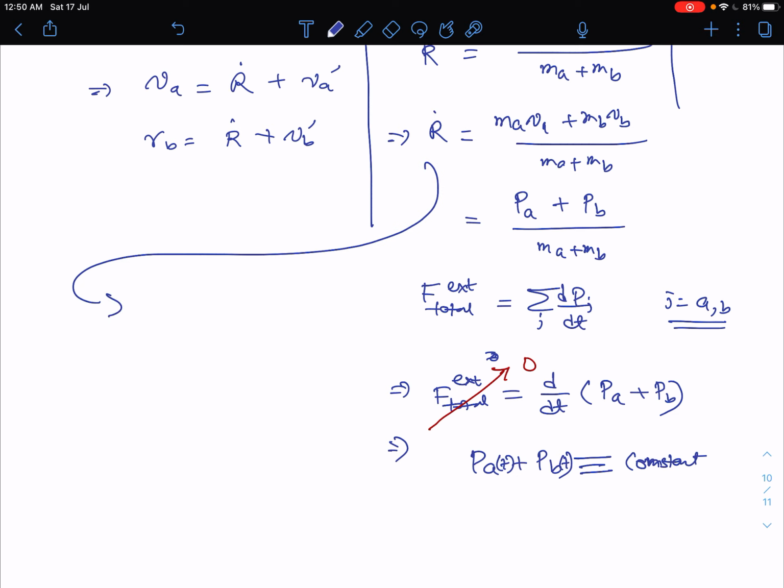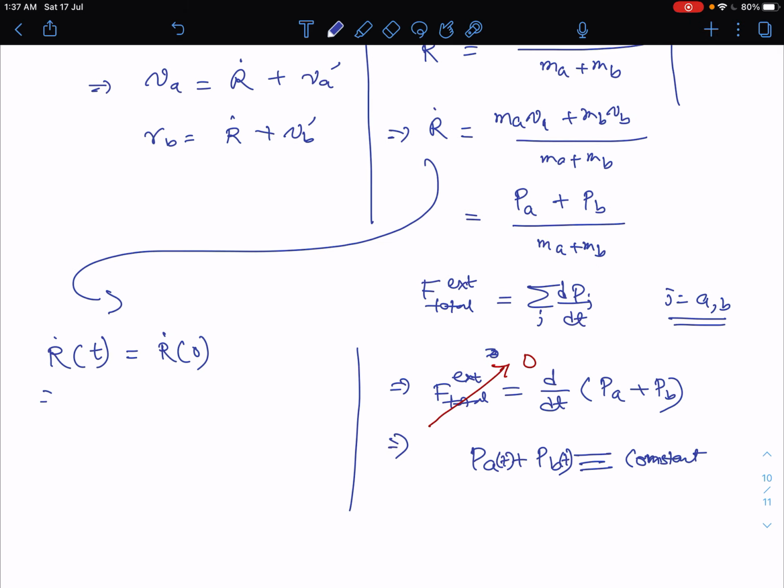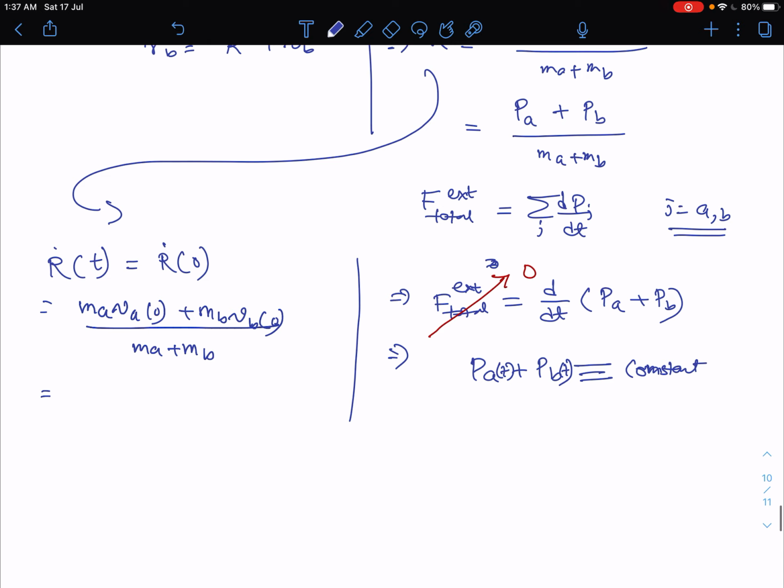So from here, that means R dot at t is the same as R dot at 0. That is MA VA0 plus MB VB0 by MA plus MB. And what is VA0? VA0 is just V0, and VB0 is just 0, over MA plus MB. Since MA equals MB, it is just V naught by 2.